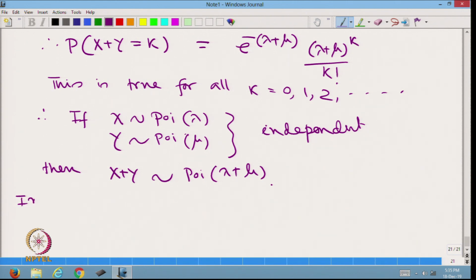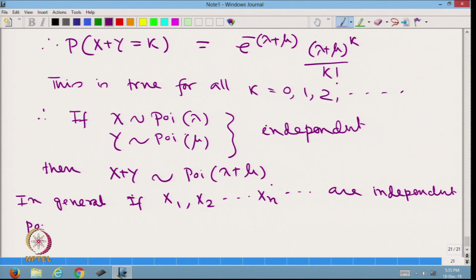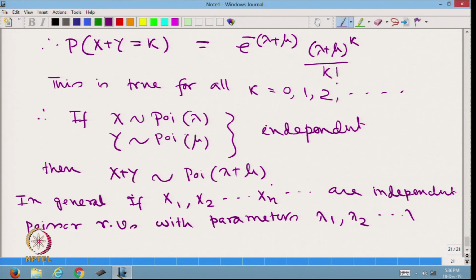In general, if x1, x2, ..., xn are independent Poisson random variables with parameters lambda 1, lambda 2, ..., lambda n, then the sum of xi, i equal to 1 to n, is distributed as Poisson with lambda 1 plus lambda 2 plus ... lambda n.